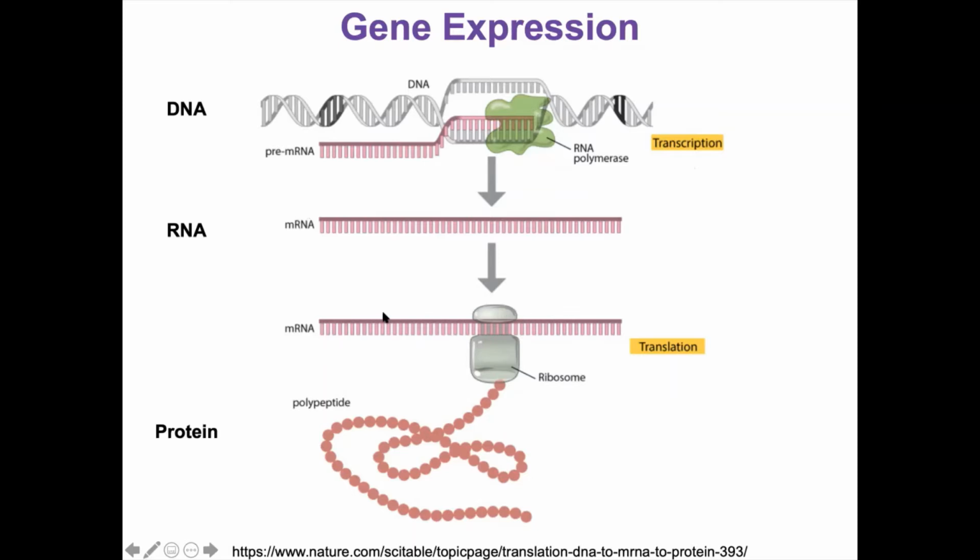Now that single-stranded mRNA will then be translated, and that is where the information in mRNA is translated into a protein or a polypeptide. This polypeptide is a sequence of amino acids, and this is the protein that will be important to the function of the cell.